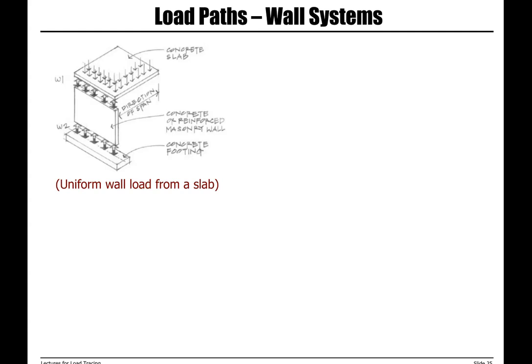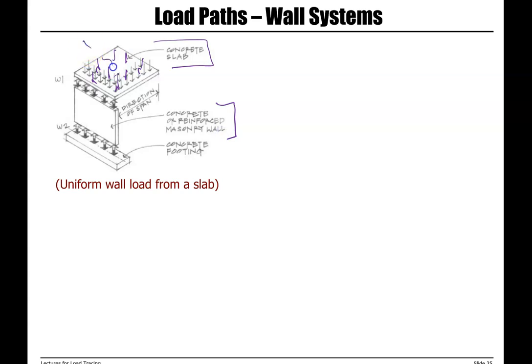Okay, let's look at other examples for load paths. Here we have examples for different wall systems. The first one is uniform wall load from a slab. So we have a concrete slab that has an area load. It's supported by a concrete or reinforced masonry wall.